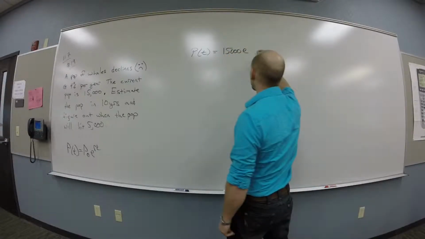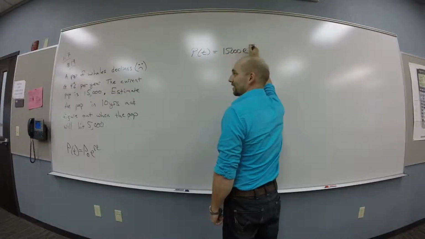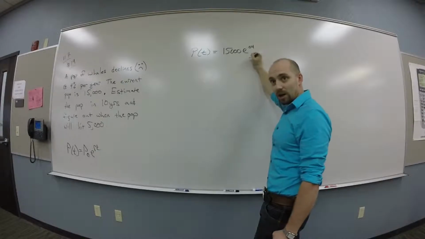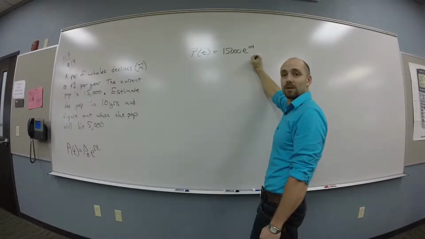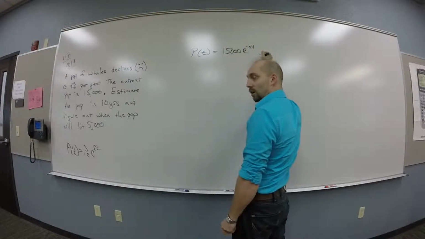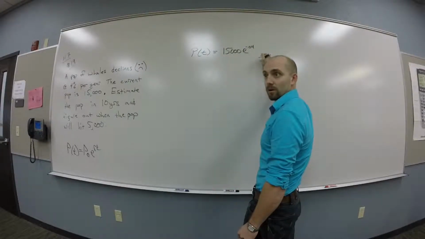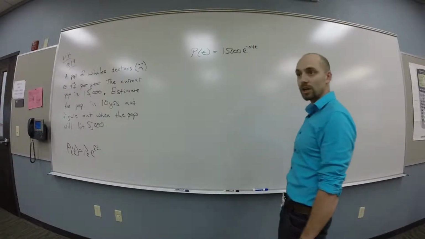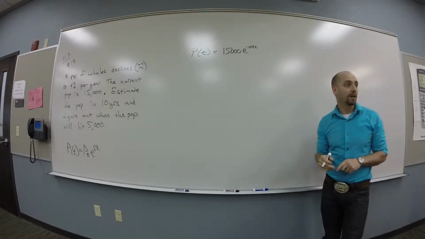I would say it's 0.04, but that's going to go up. I want it to go down, so it needs to be negative 0.04, times T. Okay, so there's my model, populated, done, right?